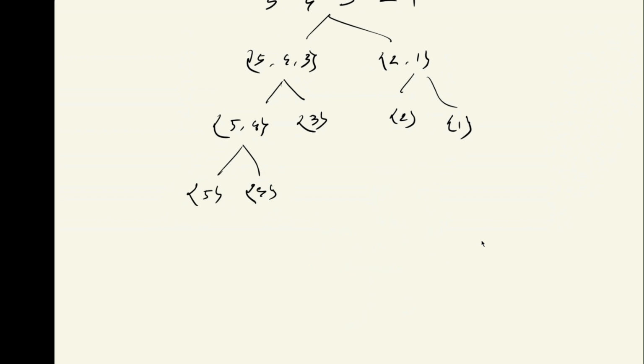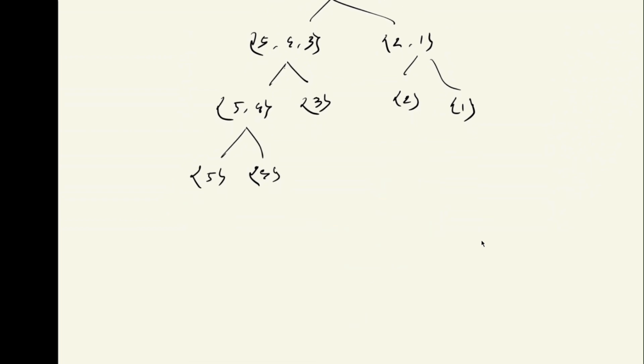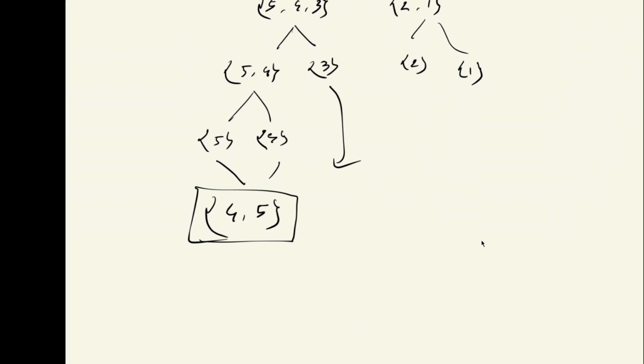So if we implement this recursive relationship similar to merge sort, we will get 4 and 5 in the next step, right? Similarly, here and here we'll get 3, 4 and 5.